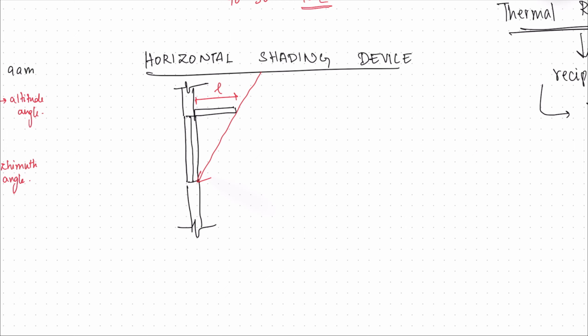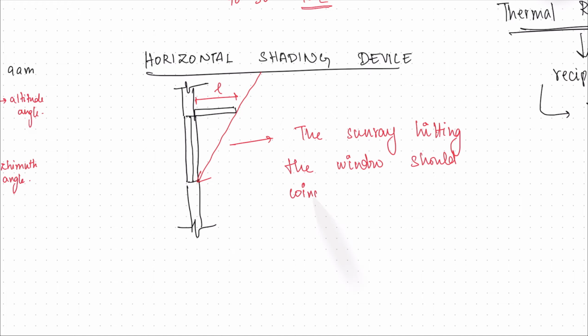So the sun ray hitting the window should coincide with the shading device line.